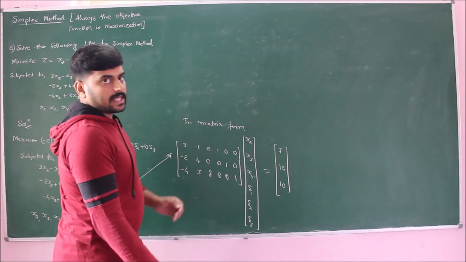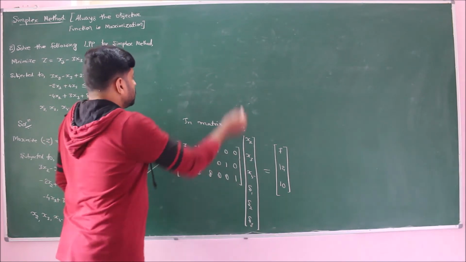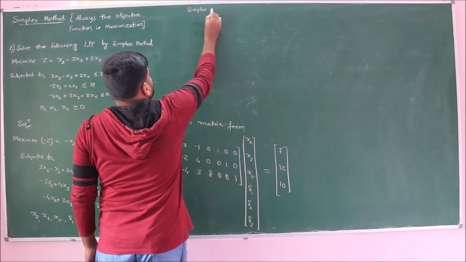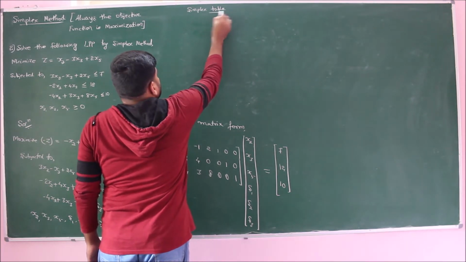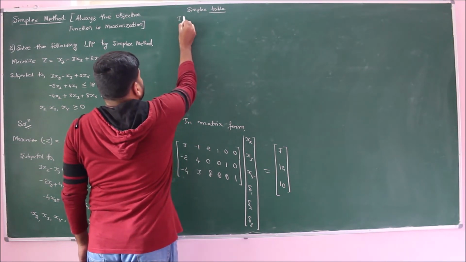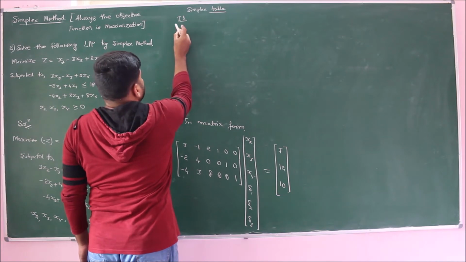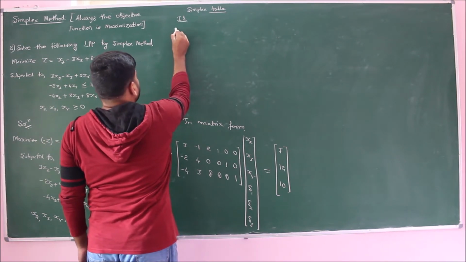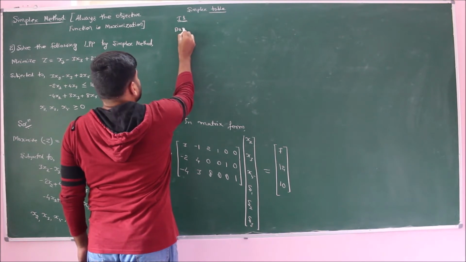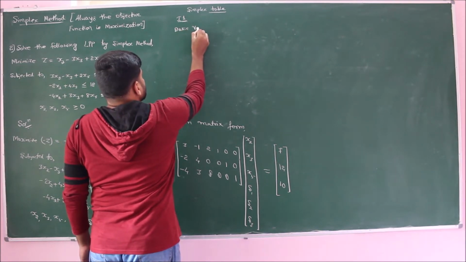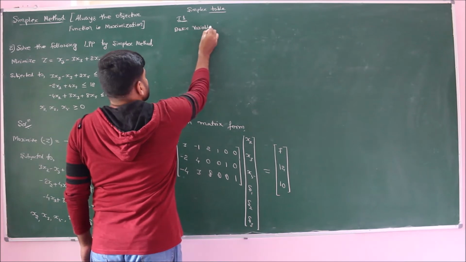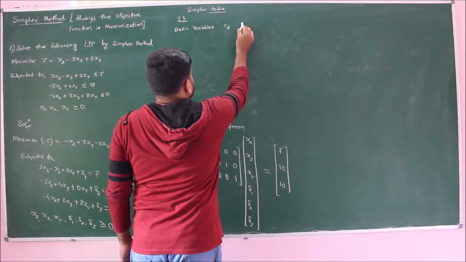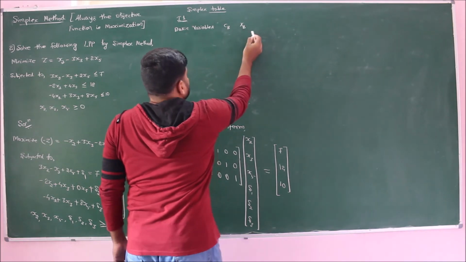Let us consider the simplex table. In iteration 1, I will get the simplex table, formulating the simplex table. We have basic variable, CB, XB.